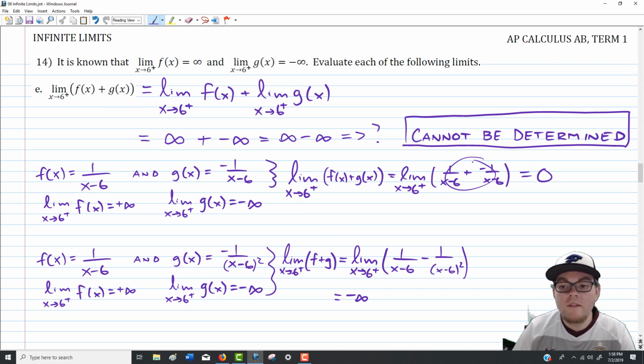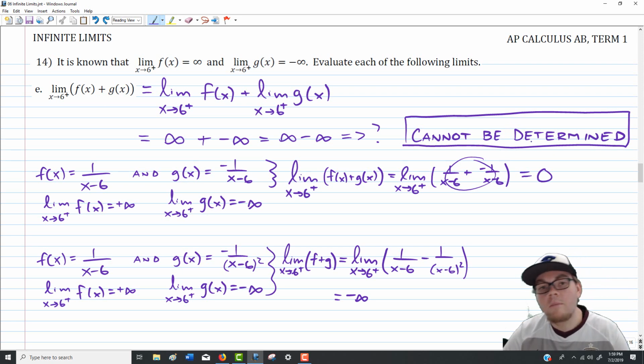So what we've just shown is in one situation we get 0, in another situation we get negative infinity. That means that we don't know enough information to tell what this limit is actually equal to. Basically, this limit depends on the types of functions we have. You've probably heard before, if you've seen the movie The Fault in Our Stars or studied advanced mathematics, that there are different kinds of infinity. In these cases, these are actually similar magnitude infinities.